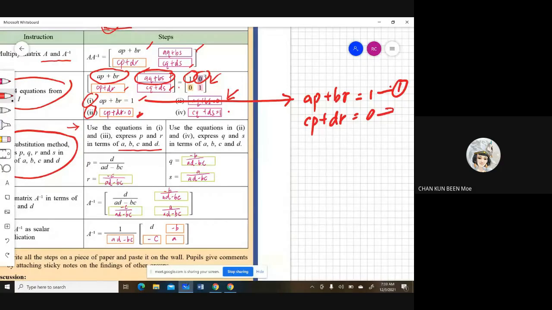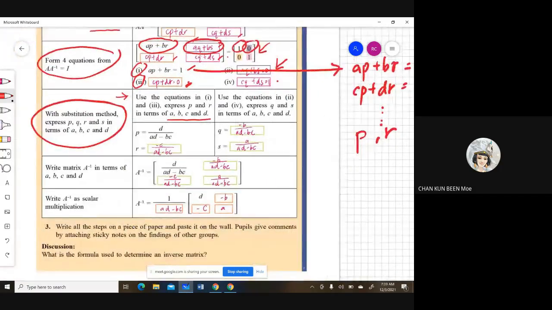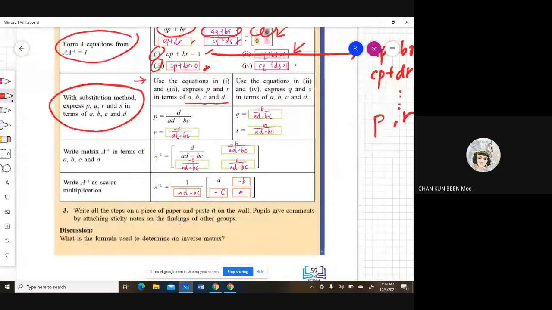This is the second equation. So you are going to continue by finding the value of P and R from these two equations. You are going to solve it. So from what we get, from what I have over here, you can see the P is already given. It will come out with P equal to D over AD minus BC. And the R will be negative C over AD minus BC like this.